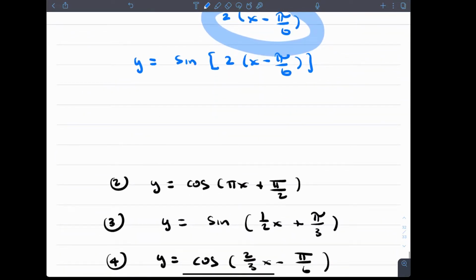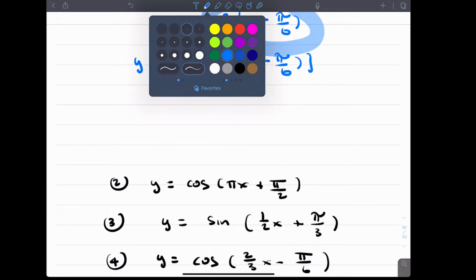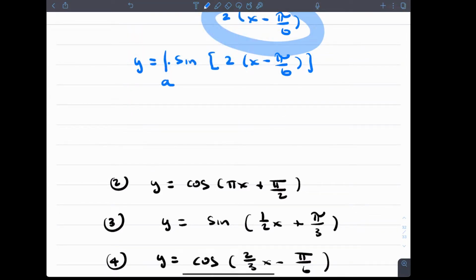Okay? Now, there's a 1 here, and so I have A, I have K, I have B. Is that true? You say, what do you mean? Well, A is what? So my amplitude, the absolute value of 1, which is 1.